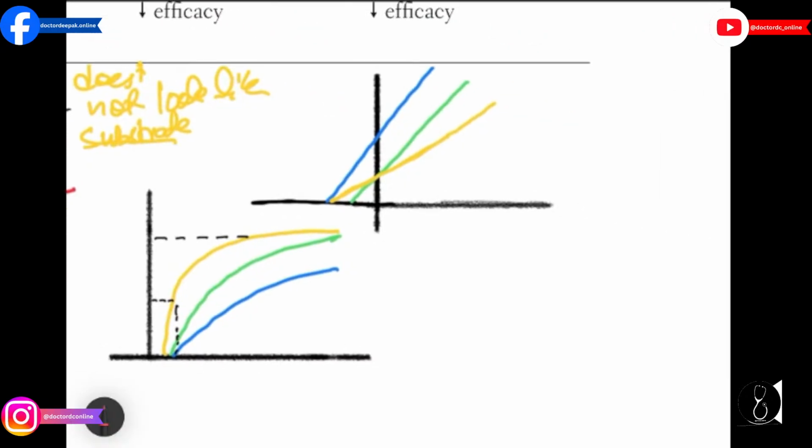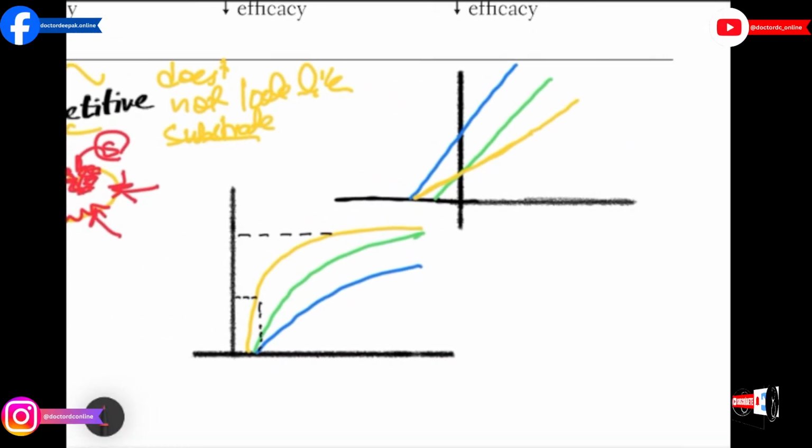Okay? If you remember, we already studied some graphing kinetics, the Michaelis-Menten kinetics, and one is a Lineweaver-Burk plot.